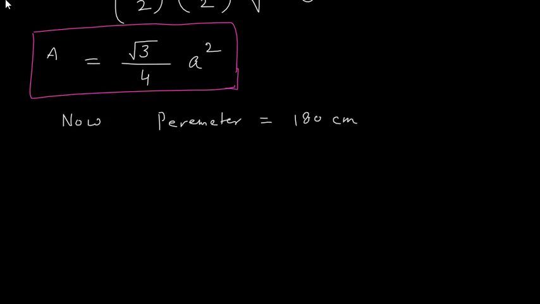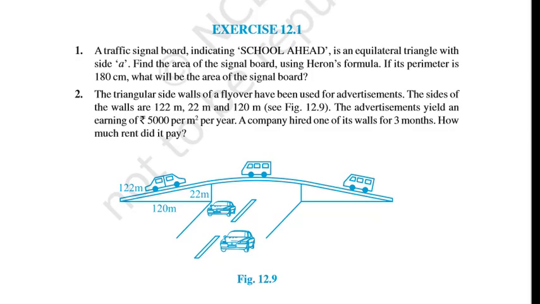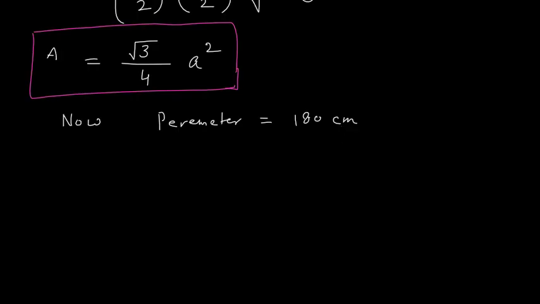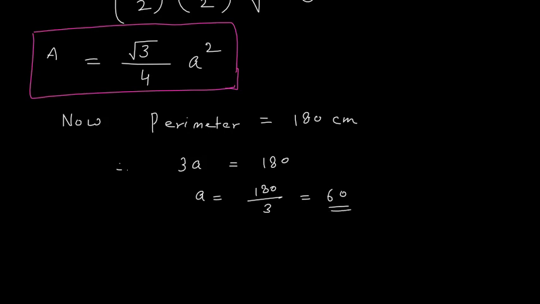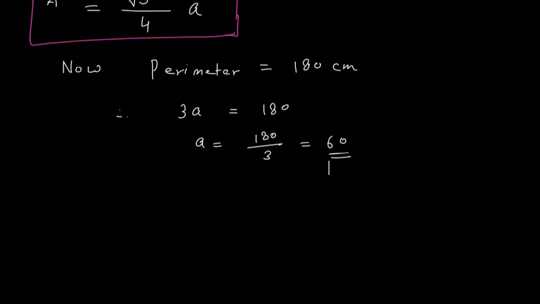So if you check the problem, perimeter is 180 centimeter. Perimeter, P-E-R-I. So therefore the formula for perimeter in an equilateral triangle is 3A. So 3A is 180. So the value of A is 180 divided by 3, which is 60. So when the perimeter is 180, the side length is 60.